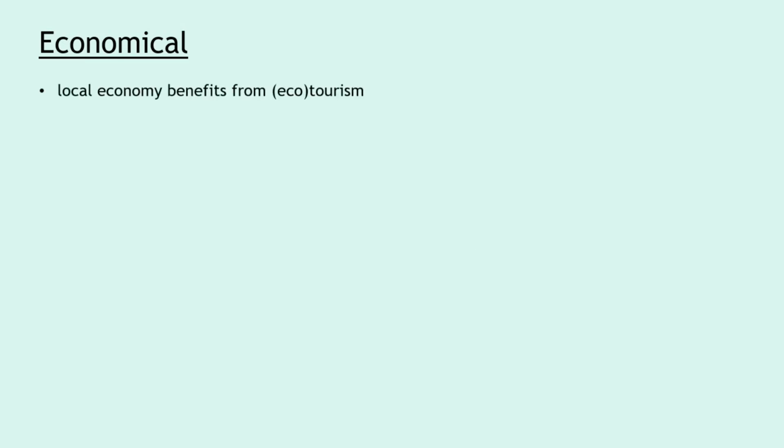So now for the economical reasons to maintain biodiversity. So we've just seen that tourism can benefit the local community and the local economy. You might have come across the term ecotourism as well, and this is becoming increasingly popular and important because the income that is generated from ecotourism is used as part of conservation of the ecosystem itself, and it really gets the local community involved.